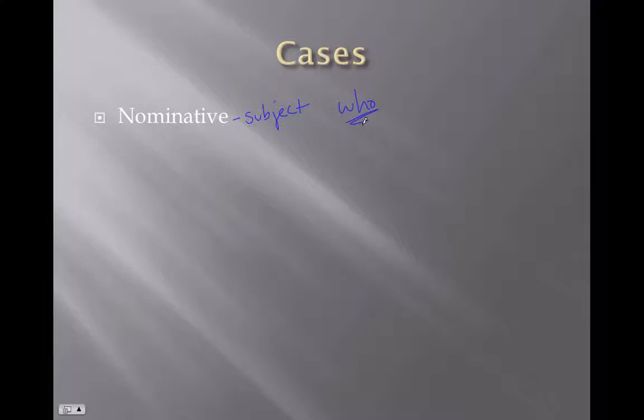Right? So, if I say Marcus is walking, Marcus, the ending is going to show us that it's the nominative case, the subject. The genitive case, the next case we look at, is going to show us mostly possession. Right? So we can have Bob's car.